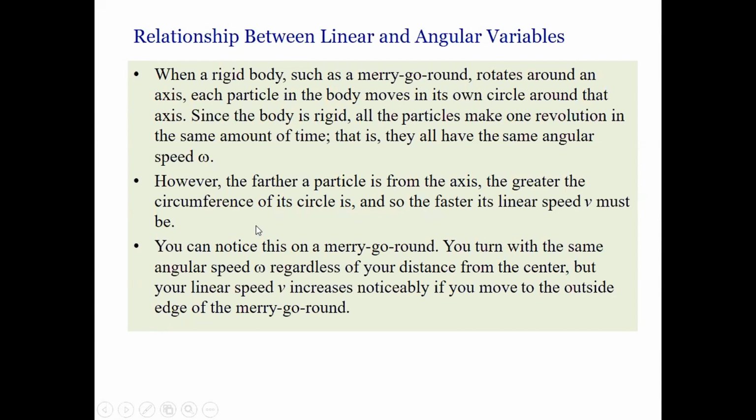You can notice that on a merry-go-round, you turn with the same angular speed regardless of your distance from the center. But your linear speed increases noticeably if you move to the outer edge of the merry-go-round.